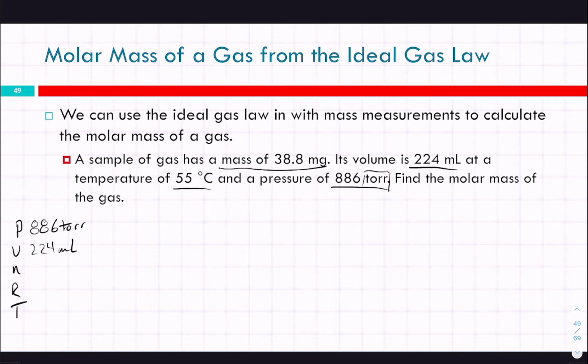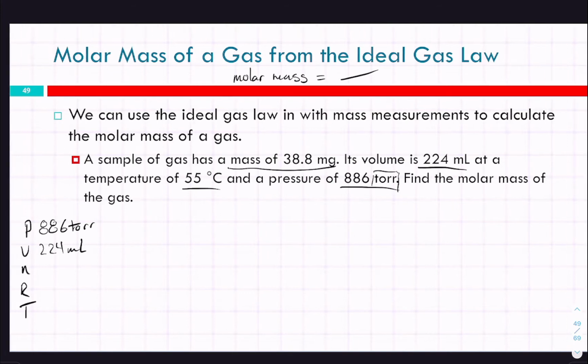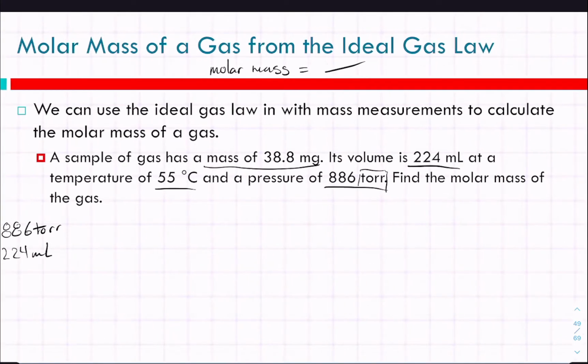N, and N here is not explicitly stated, right? It doesn't explicitly say we need to find the number of moles. So this question is relying on you to know that molar mass requires N because it's grams per mole.